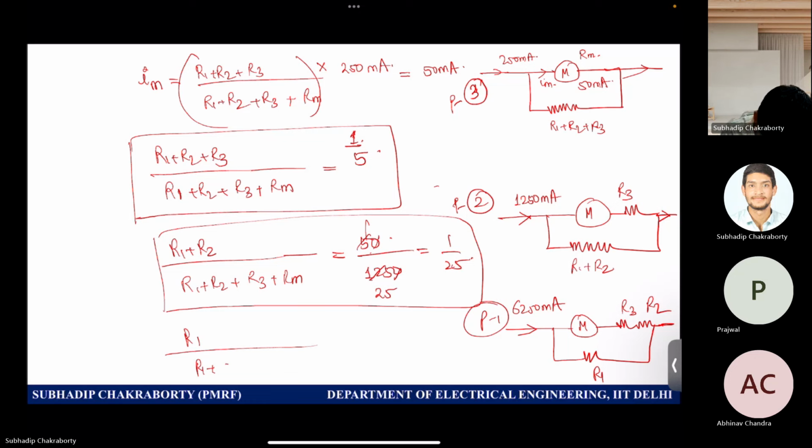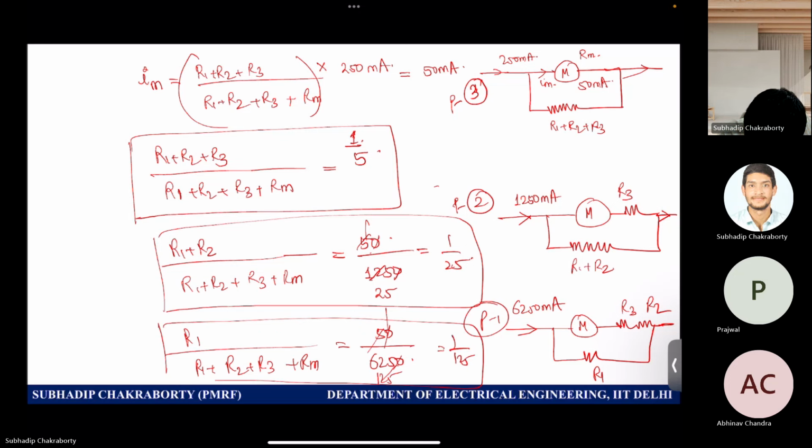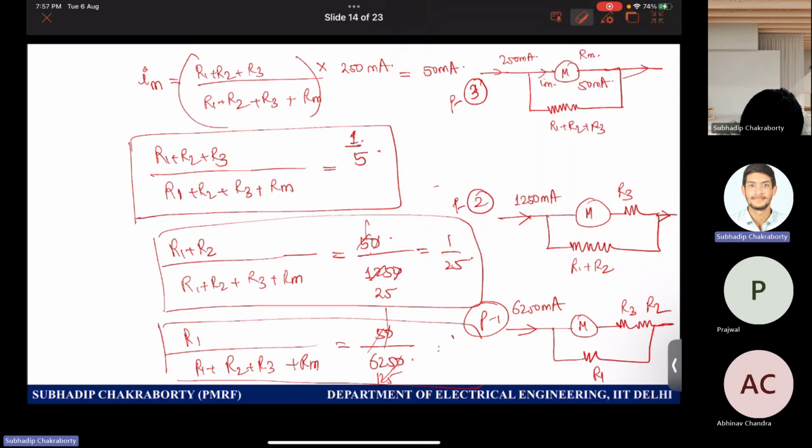So you can write R1 by R1 plus R2 plus R3 plus Rm is nothing but 50 divided by 6250, which is nothing but 1 by 125, right? It is 1 by 125.